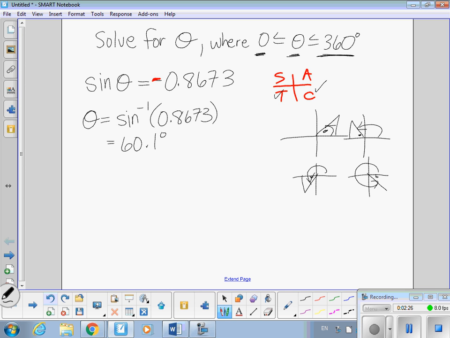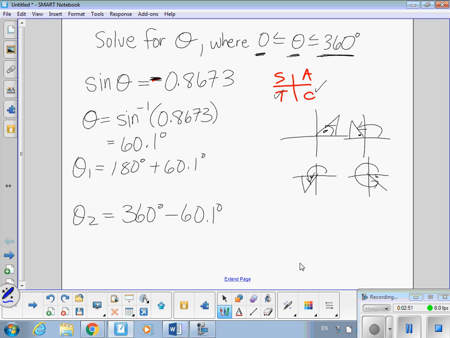Now, the theta that I'm solving for, however, because it's negative, I know it's going to be in quadrant 3 and 4. So I know my first theta is going to be 180 degrees plus the 60.1. And my other one is going to be 360 minus 60.1. Okay, does that make sense?